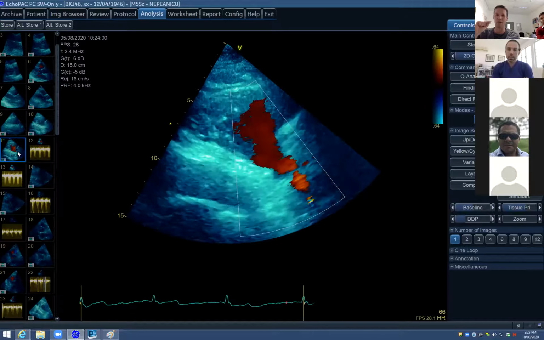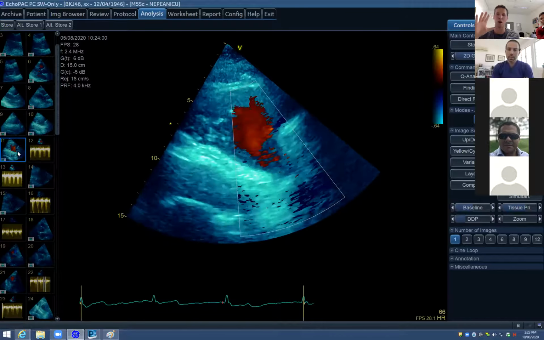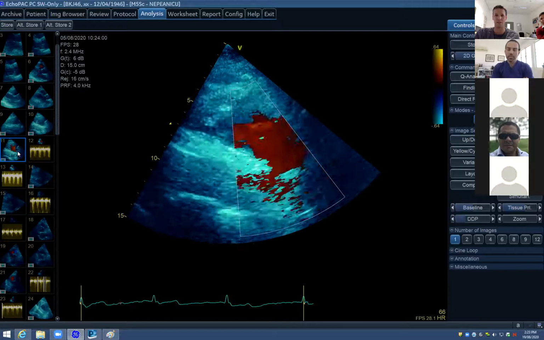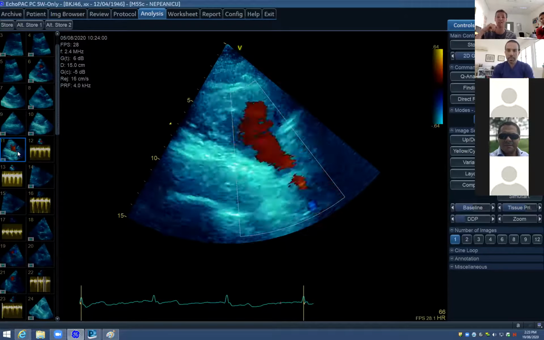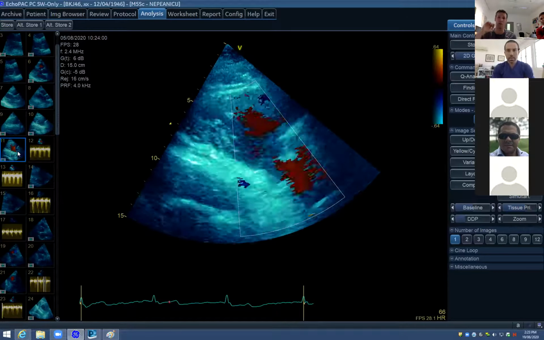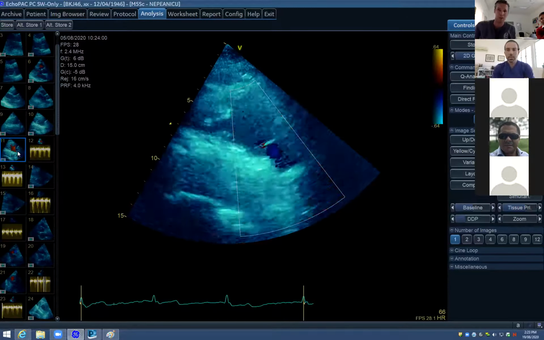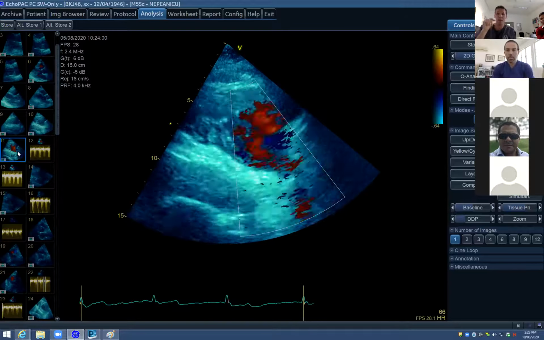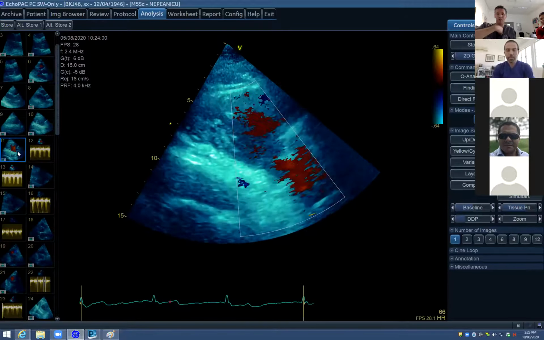The caveat, and the reason I was asking you, is to know that this is just one of several views that we can look at to estimate it. I take the highest Vmax I can find anywhere in the heart for my systolic pulmonary artery pressure. The first place we're going to look would be this view here, the RV inflow view, tilting down from the parasternal long axis.